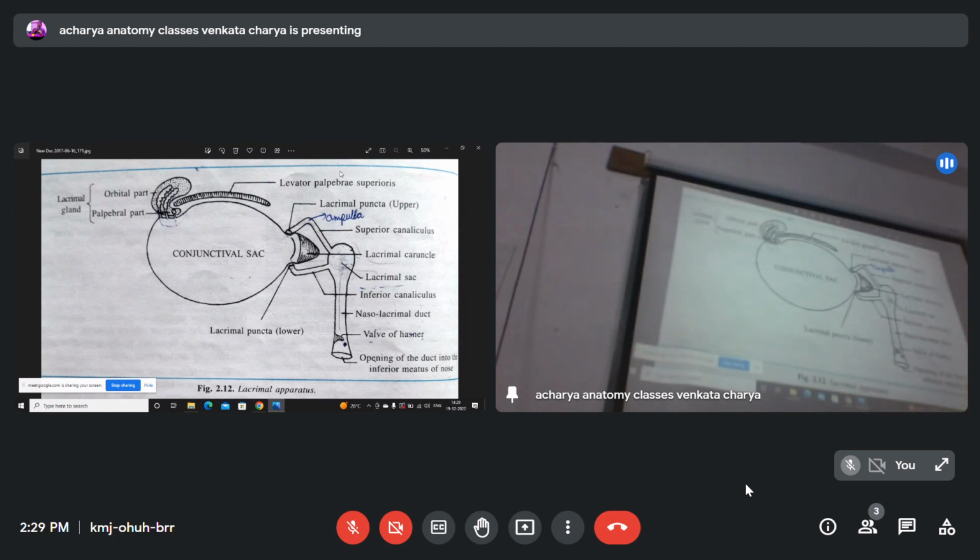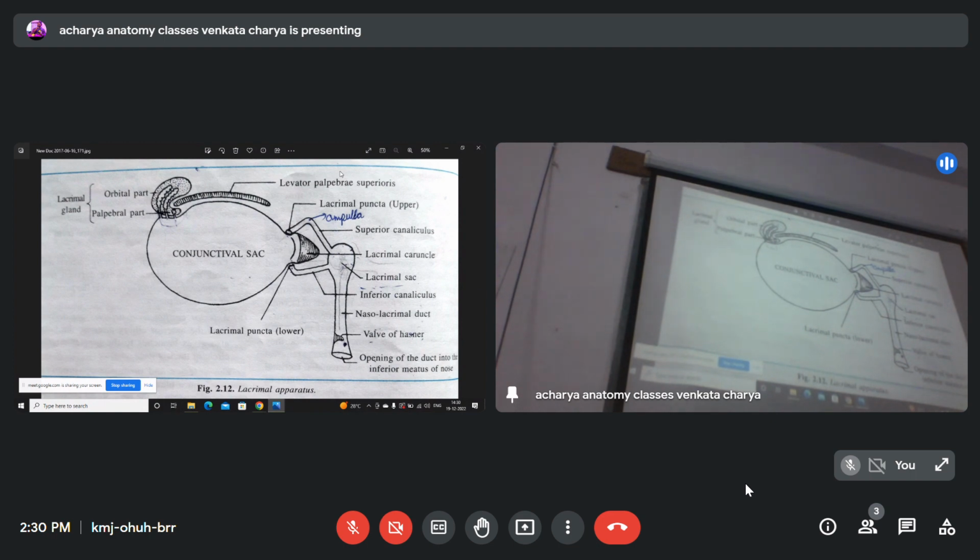The lacrimal gland produces the tears. It is located in the lateral wall of the orbit, in the lacrimal fossa.